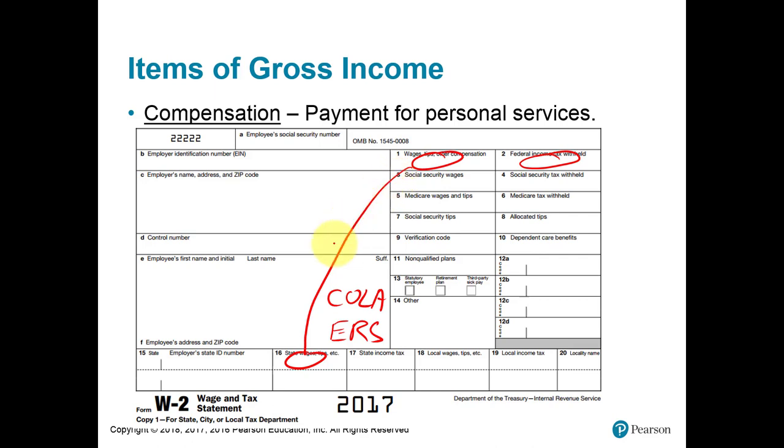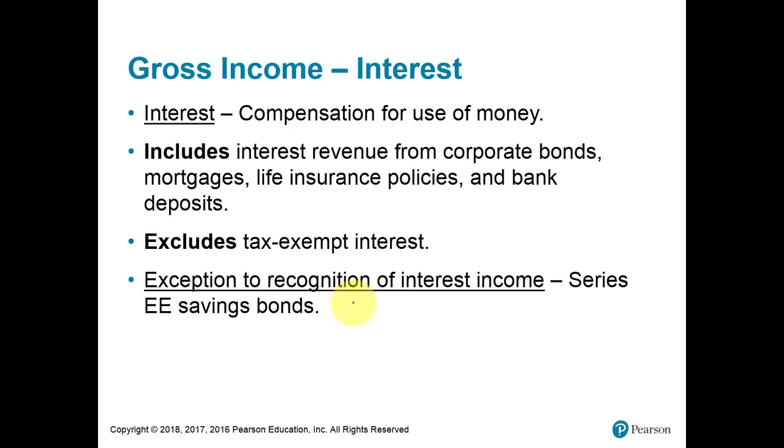Whereas Hawaii says, no, we're going to keep that amount in that they took out and tax you now. But later on, when you start to collect your pension from the ERS, it's going to be state tax free, although it's going to be taxable for federal purposes. So that's W-2 income.